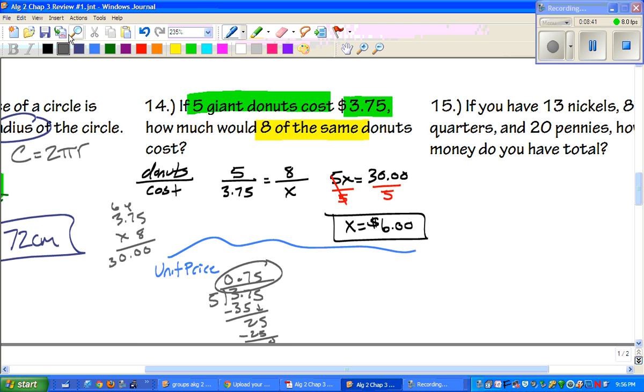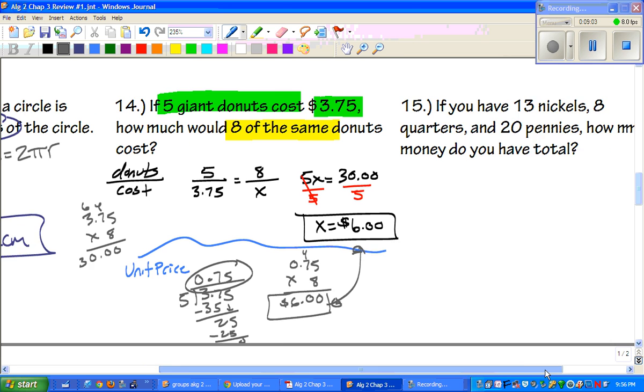So each donut is 75 cents. You want 8 of them. Just times it by 8. 8 times 5 is 40. 8 times 7 is 56, plus 4 is 60. So no matter which way you do it, you're going to get the same answer.